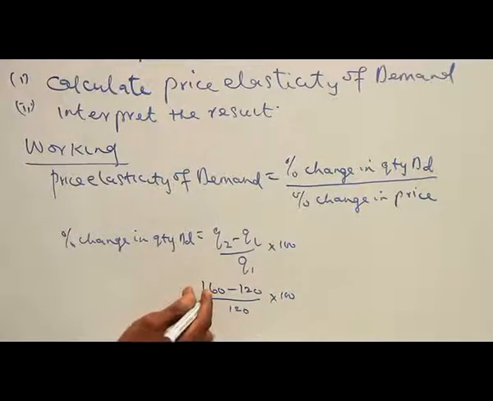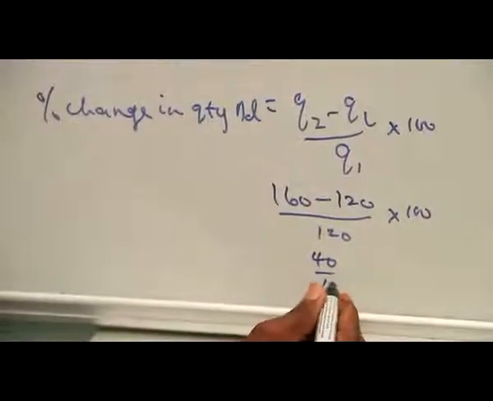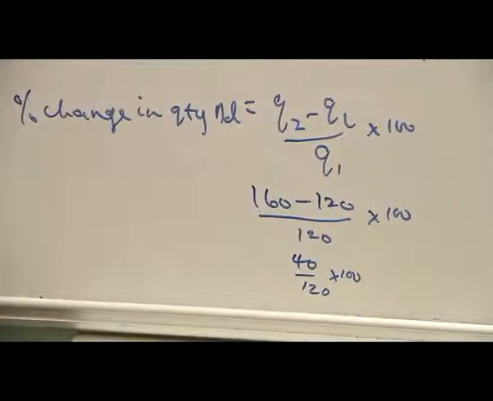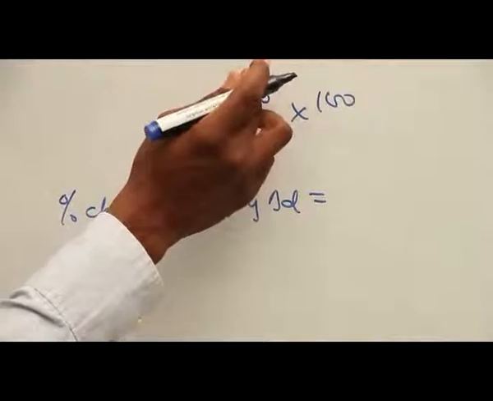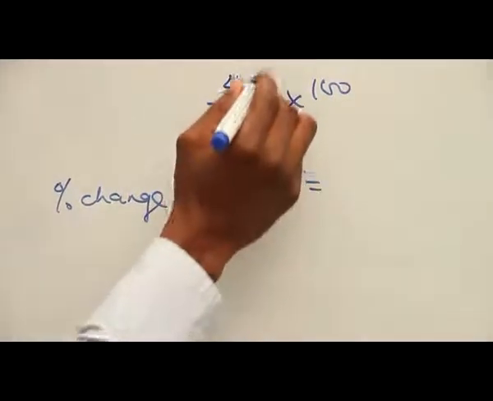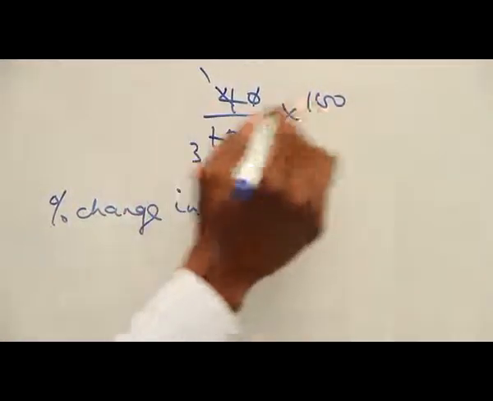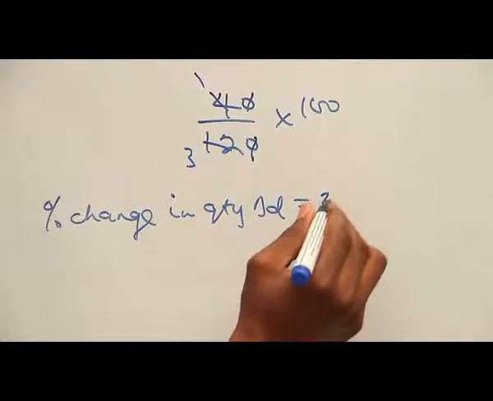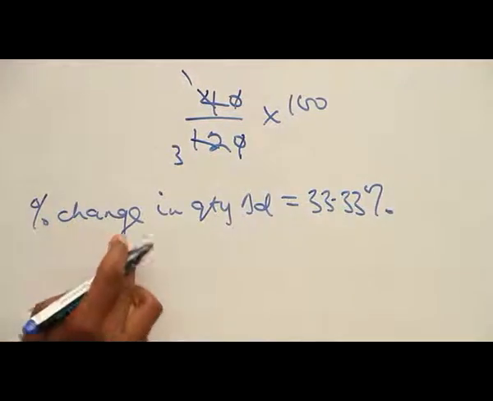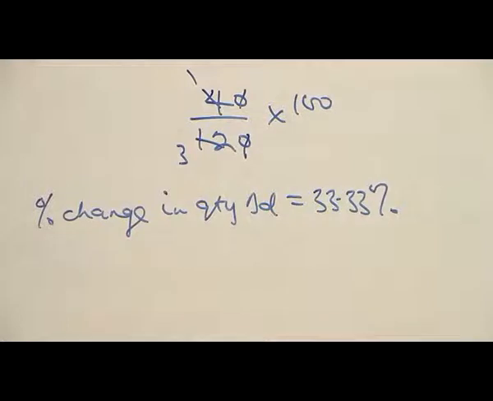The change between 160 and 120 is 40, over 120 times 100. So 40 over 120 times 100. Here 1, here 3. So 100 divided by 3, we should be able to have 33.33%. Percentage change in quantity demanded equals 33.3%.